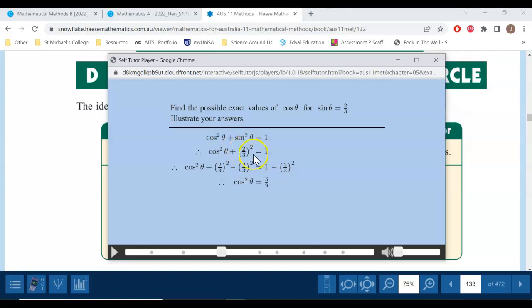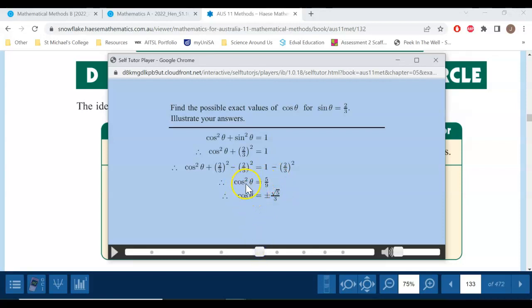You could square 2/3 and then subtract it from both sides, and then simplify. So then we can see that cos squared theta is equal to 5/9.